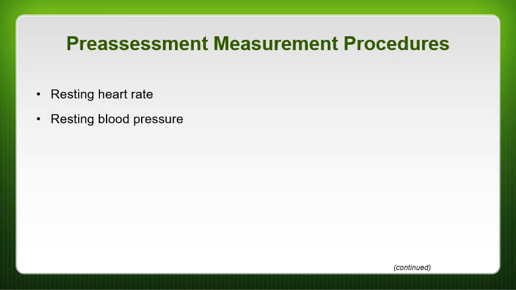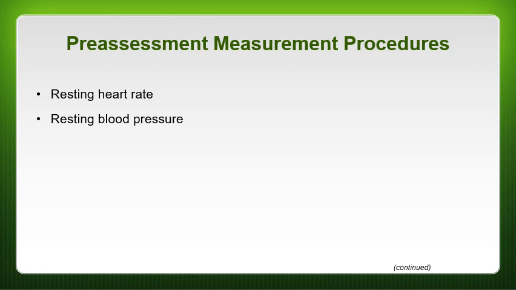Resting blood pressure, you're obviously going to want to make sure that you have an appropriately sized sphygmomanometer to take the blood pressure with, because there are different sizes. Again, review the procedure as far as alignment of the blood pressure cuff. Essentially, once you have it on the person and the person positioned appropriately, you're then going to inflate the cuff fast to at least 160 millimeters of mercury or 20 millimeters of mercury above the known resting systolic blood pressure.